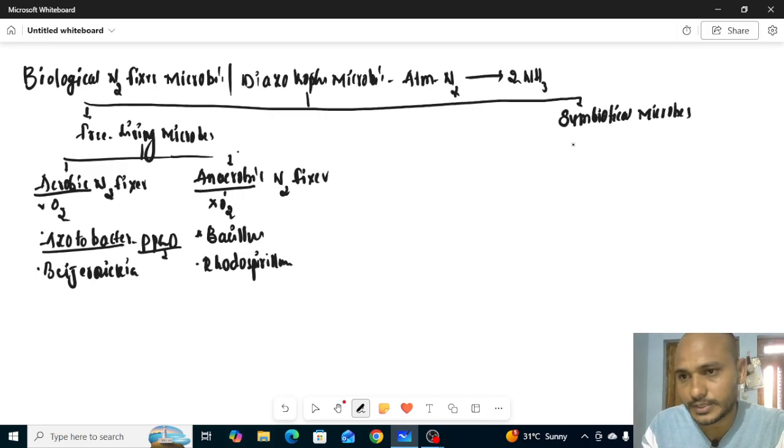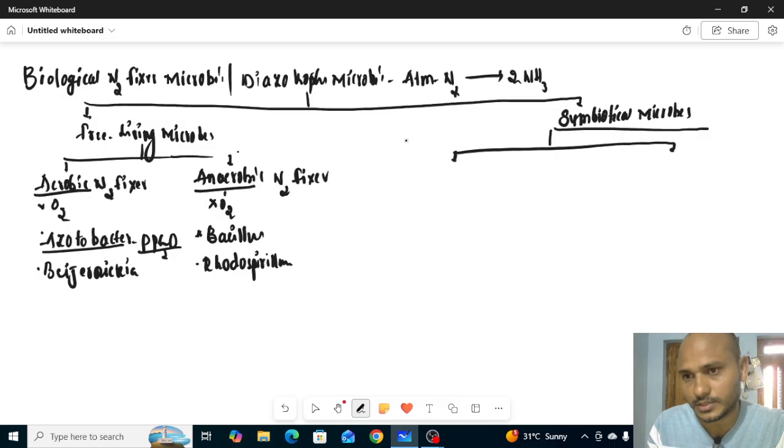Now coming to symbiotic microbes. These microbes are mutually beneficial to each other, and here we can classify them into two categories. Some microbes can form nodules, and some microbes won't form any nodules, yet they still symbiotically associate with the plant.